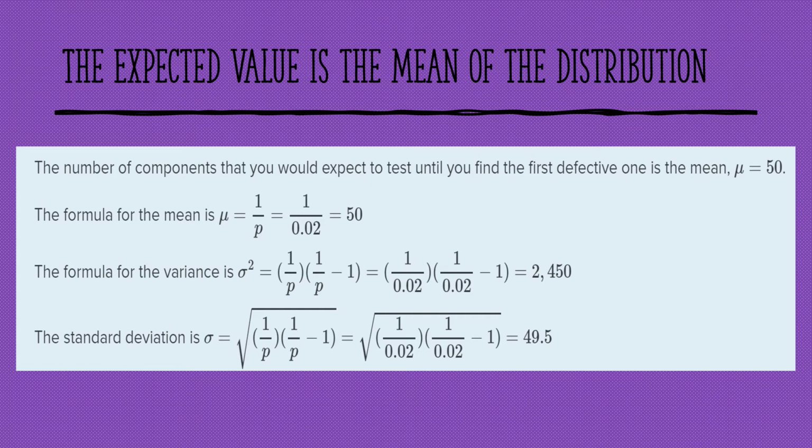The number of components that you will expect to test until you find the first defective will be 50. Maybe the 51st item may be a defective item in order to get the probability as 0.02. You can also find the standard deviation and variance. The standard deviation is nothing but the square root of the variance. So those results can also be obtained in this case.